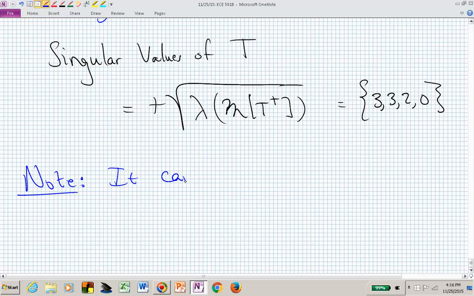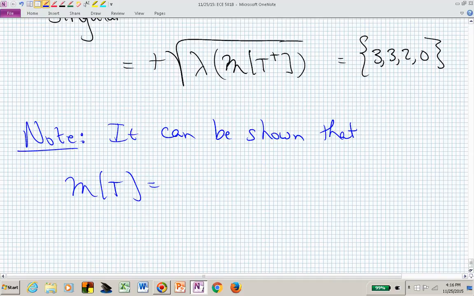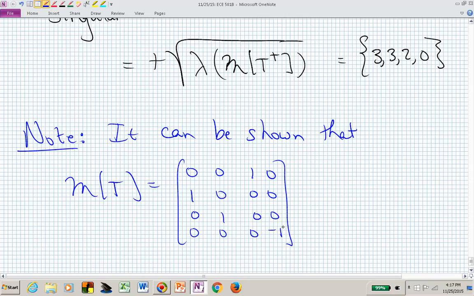It can be shown that the matrix representation of T can be factored into this polar decomposition of an isometry, which in our case for this particular matrix is 0, 0, 1, 0, 1, 0, 0, 0, 0, 1, 0, 0, 0, 0, 0, minus 1, times the matrix defined to be the square root of T dagger T, which is this diagonal matrix 3, 2, 0, and 3 on the diagonal.